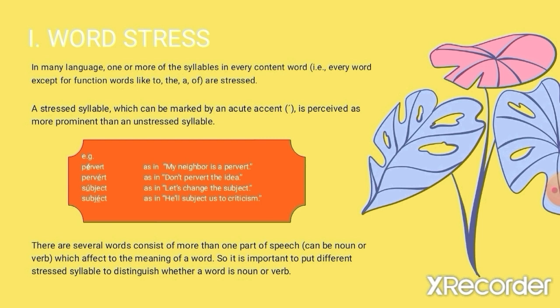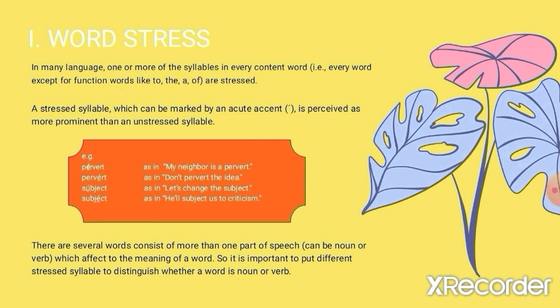A stressed syllable, which can be marked by an acute accent, is perceived as more prominent than an unstressed syllable. When we pronounce a stressed syllable, the sound is higher, louder, and longer than the unstressed syllable.